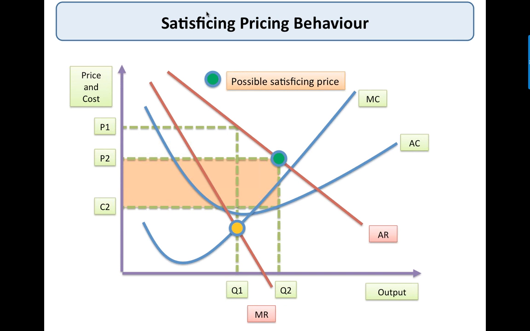Just want to say a couple of things to round off about something called satisficing. I think this concept is absolutely key to understanding business objectives and business behavior. Have you come across this word before? Satisficing is a combination of sufficient and satisfactory.